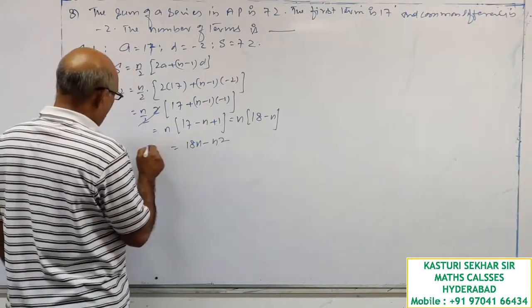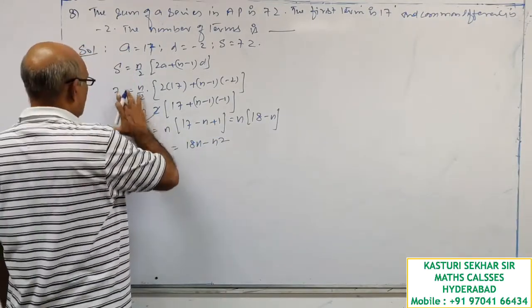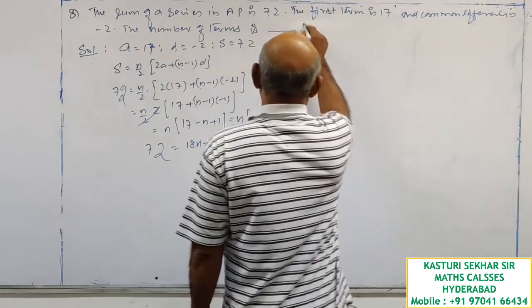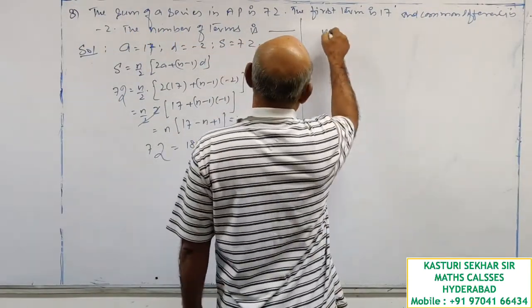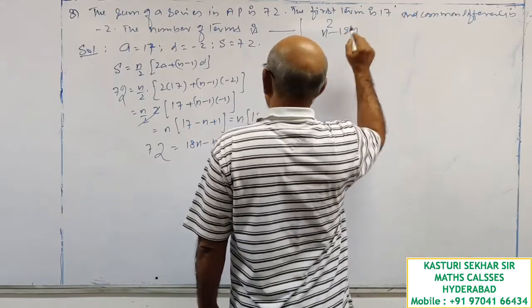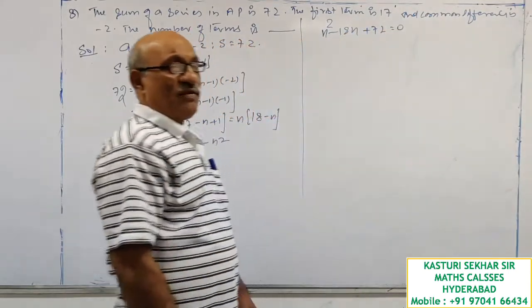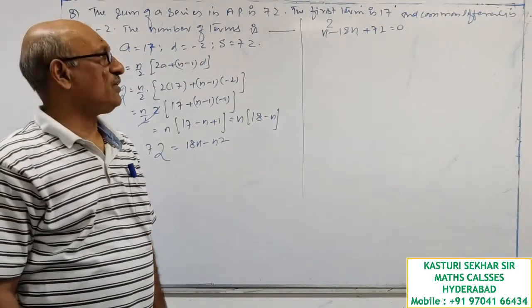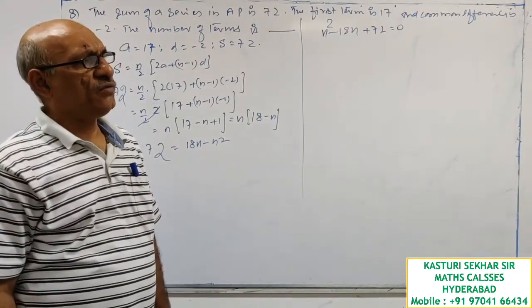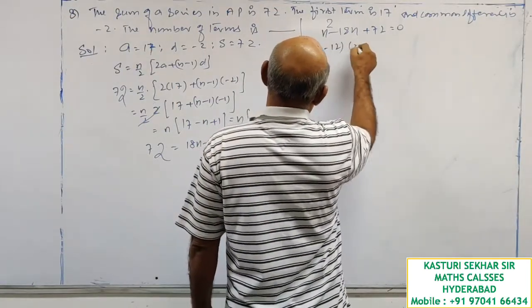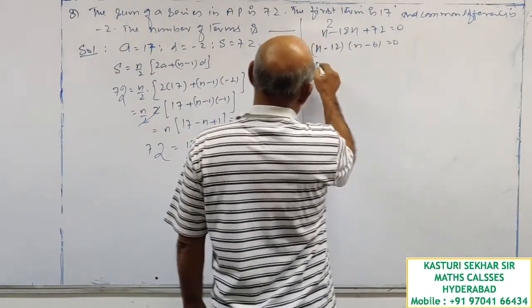18n minus n square is 72. So if I bring all the terms to one side, n square minus 18n plus 72 equal to 0. 72 factors are 12 into 6. So n minus 12 into n minus 6 equal to 0.